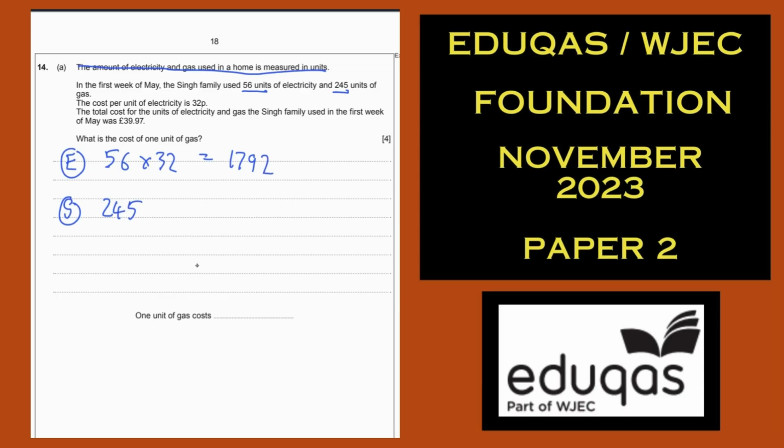The total cost is, and I'll turn it into pence, 3,997 pence. So our job is to work backwards. Firstly, do a subtraction. We know the total cost.